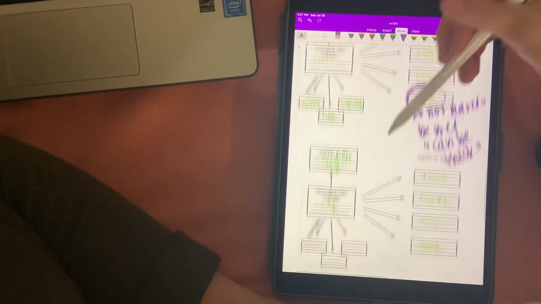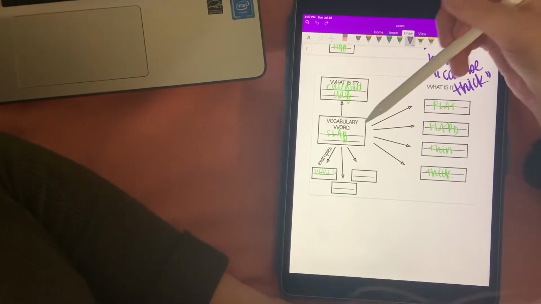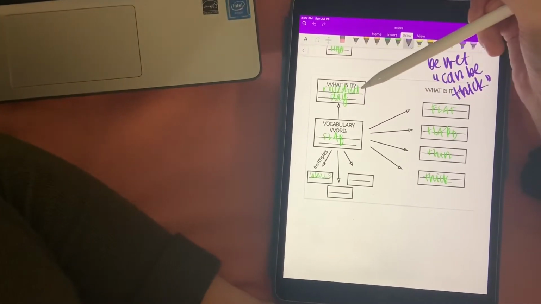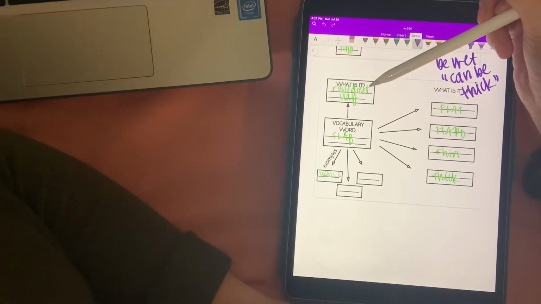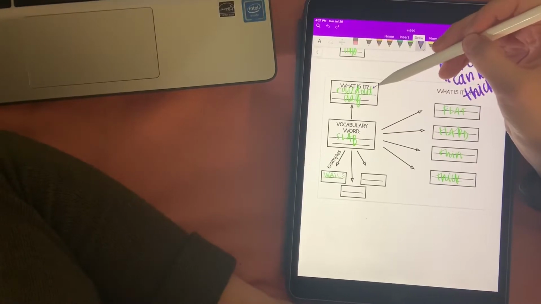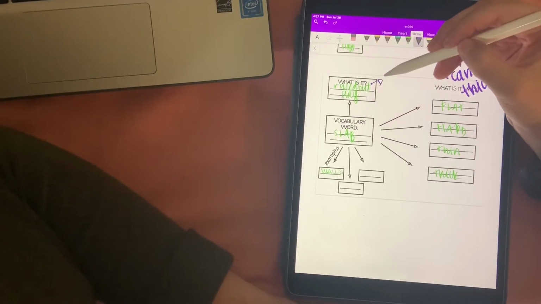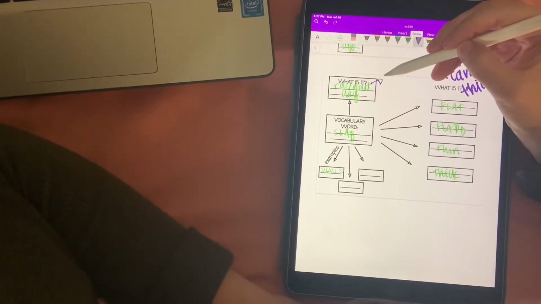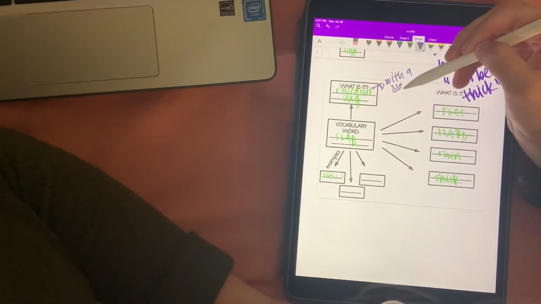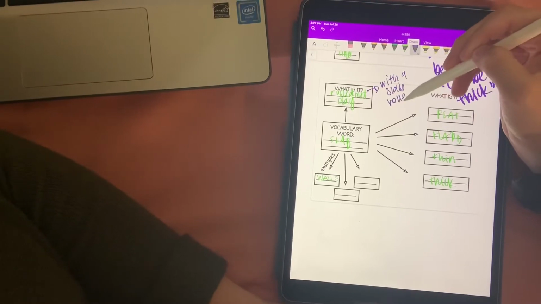Moving on to the next word, they did one with slab. They have said that it is rolled out clay, which is almost right. Clay slabs are rolled out with a slab roller, so I would say rolled out clay with a slab roller.